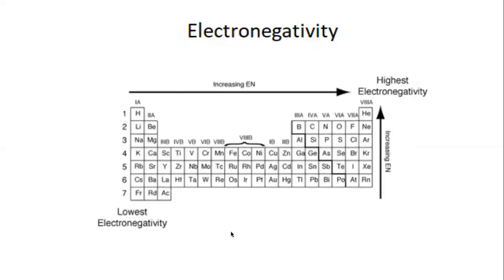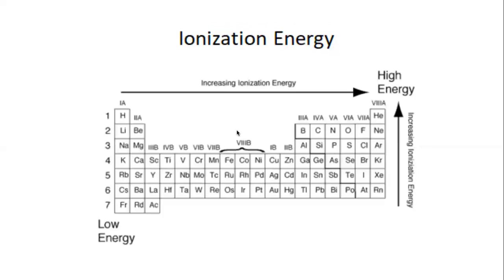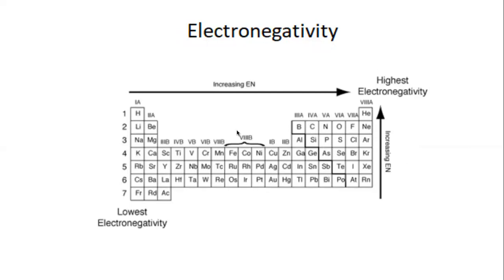Lastly, we'll talk about electronegativity, and this increases in the same trend as our ionization energy. So electronegativity increases as you go from left to right, and as you go from bottom to top. So another question you could be asked is, which has a greater electronegativity?